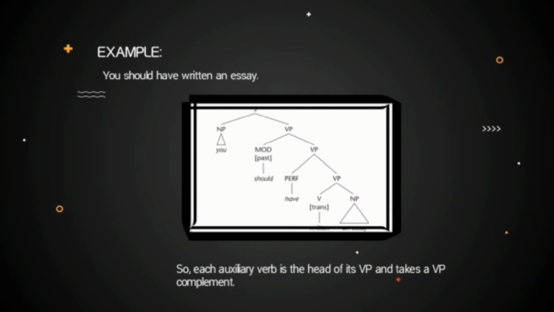The modal auxiliary is should, and the verb phrase has the perfect auxiliary have, and then the verb phrase with the verb written and a noun phrase. So each auxiliary verb is the head of each verb phrase and takes a verb phrase complement.